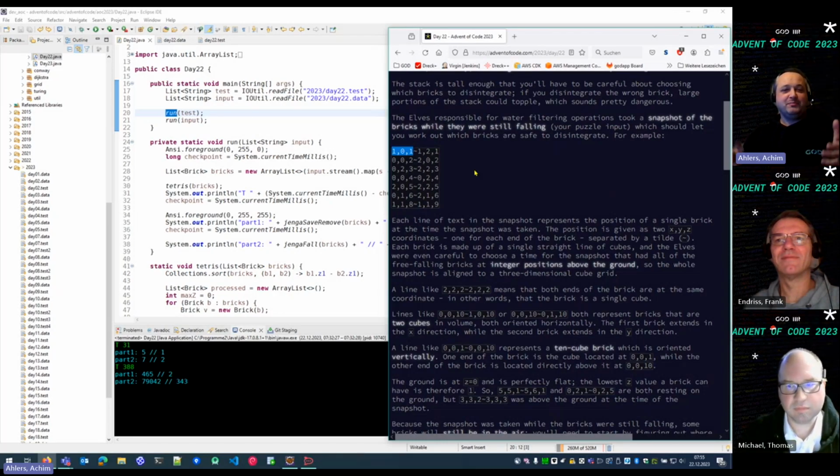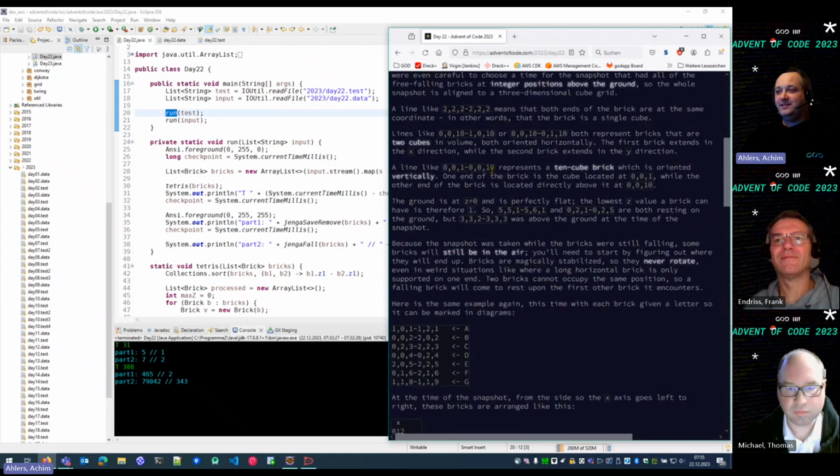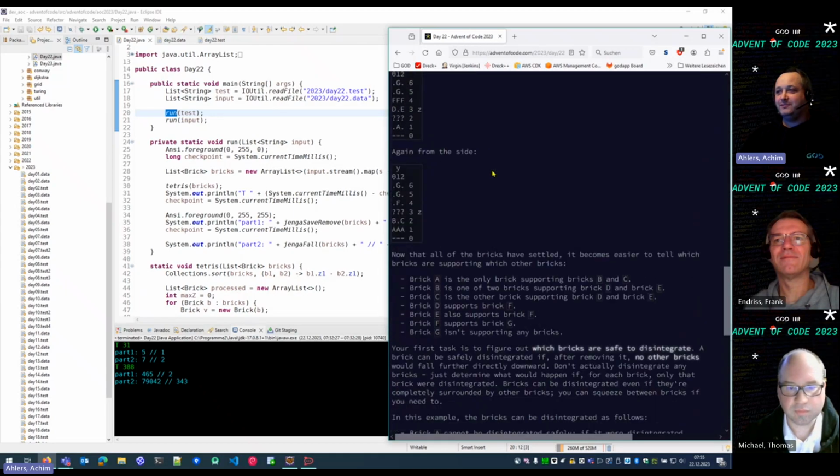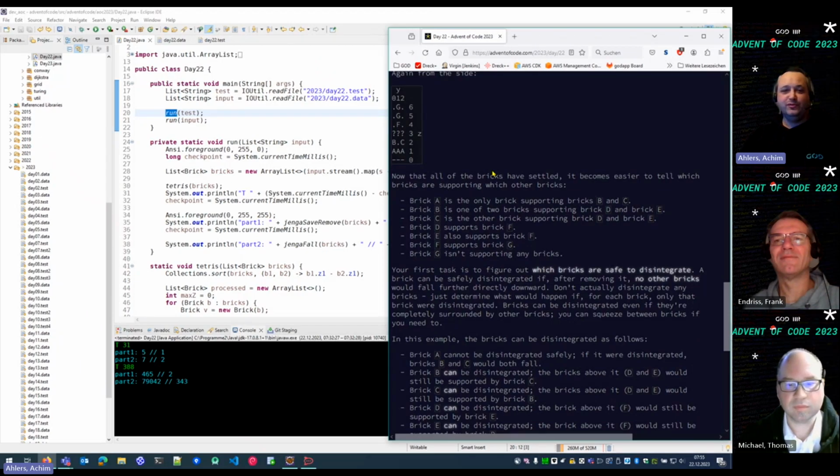So more or less we're playing Tetris. And once we did that, we have to determine which bricks might be safely removed without any other brick falling down. So more or less, we're playing Jenga. So we're playing Jenga and Tetris together.